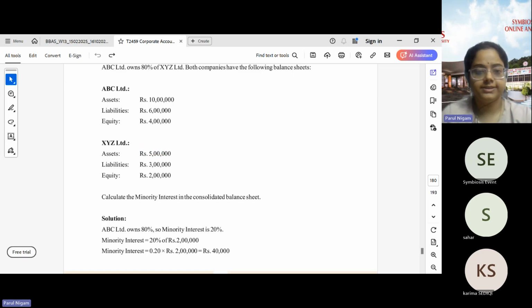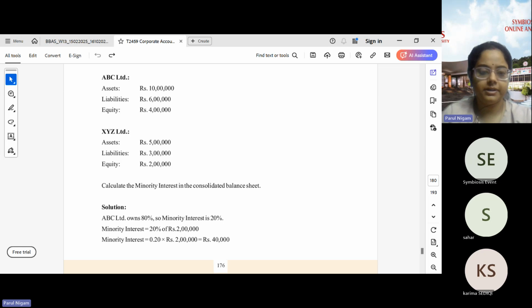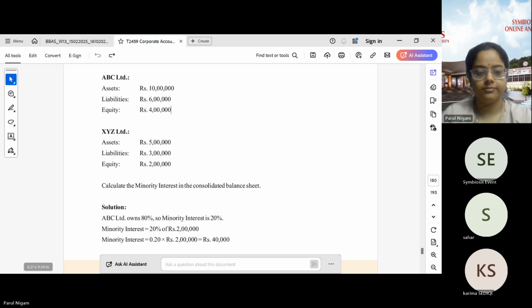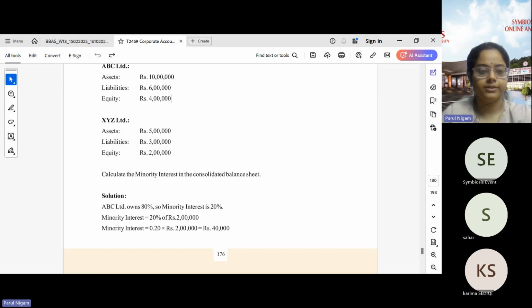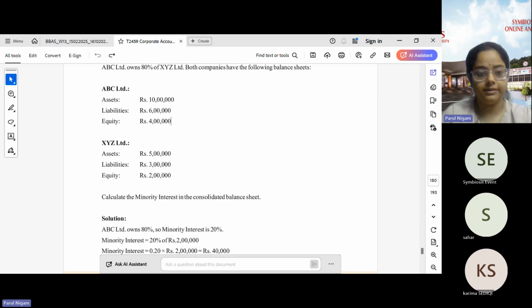Then in case of XYZ Limited, you have assets of 5 lakh, liabilities of 3 lakh, and equity of 2 lakh. So now you need to calculate the minority interest in the consolidated balance sheet. ABC Limited owns 80%, so minority interest is 20%. So minority interest is equal to 20% of rupees 2 lakh, which is 40,000. Okay, so that is your minority interest.